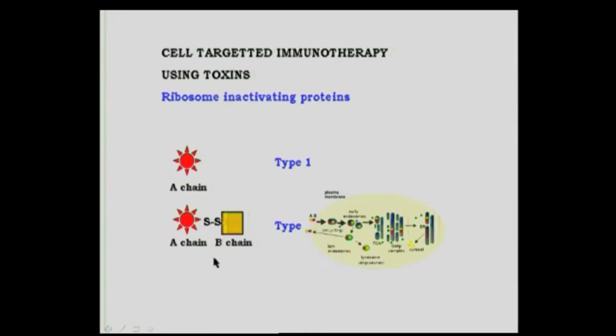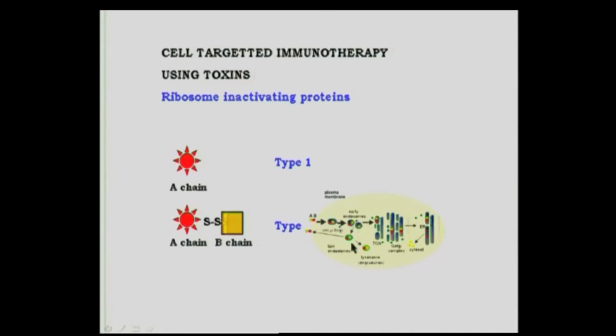In case of the one that we are using in my lab, the B chain is a galactose specific lectin, and eukaryotic cells have a large number of these galactose on the cell surface. So, any receptors which have terminal galactose, the B chain binds to, and the entire molecule therefore gets internalized.